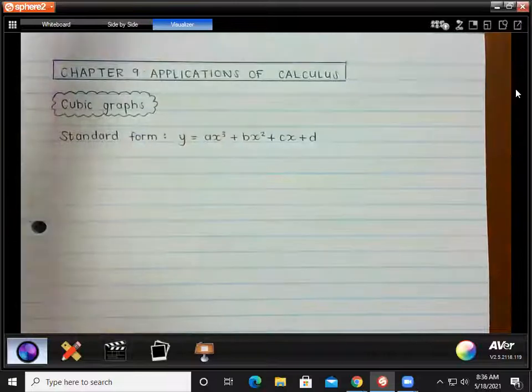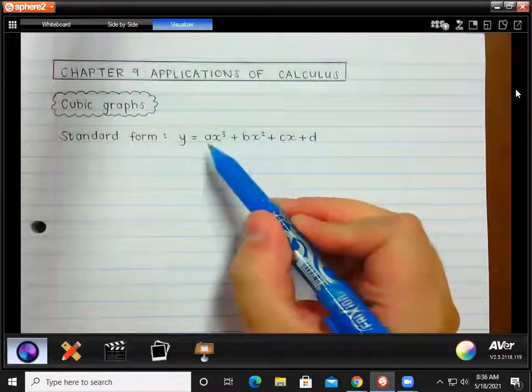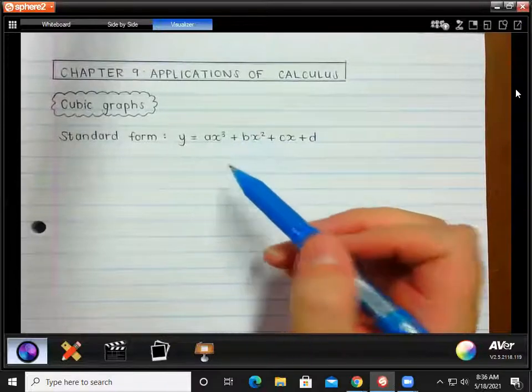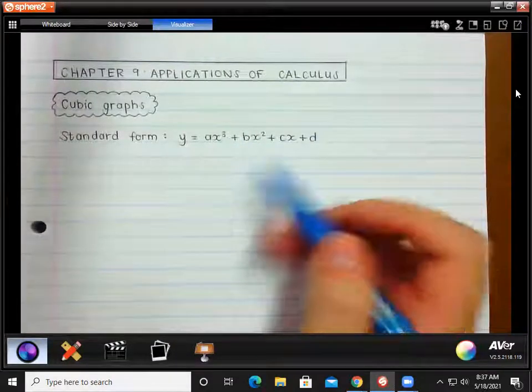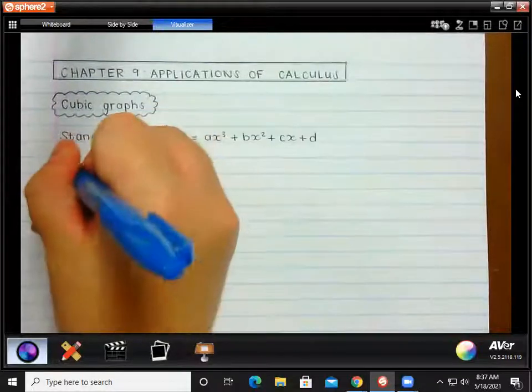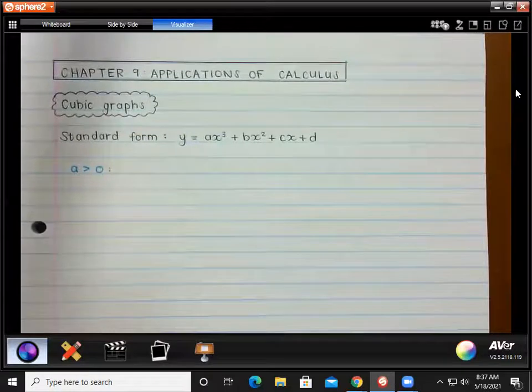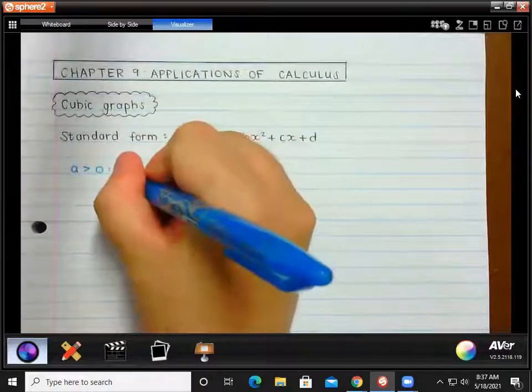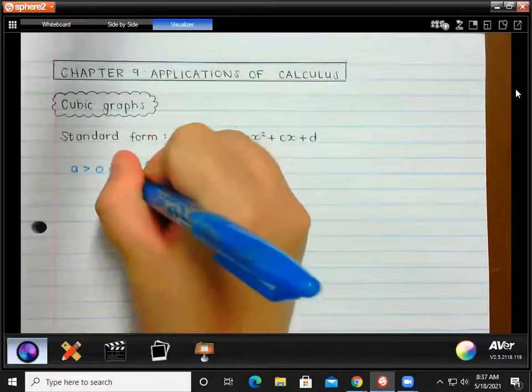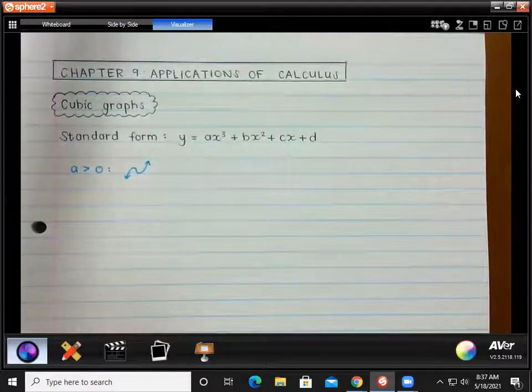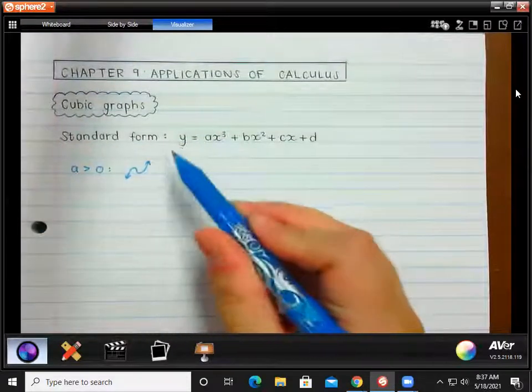Now the a value is going to indicate the shape of the graph, as it does with all other graphs. So if your a value is positive, then the graph is going to look like this. It's going to be increasing at the beginning.